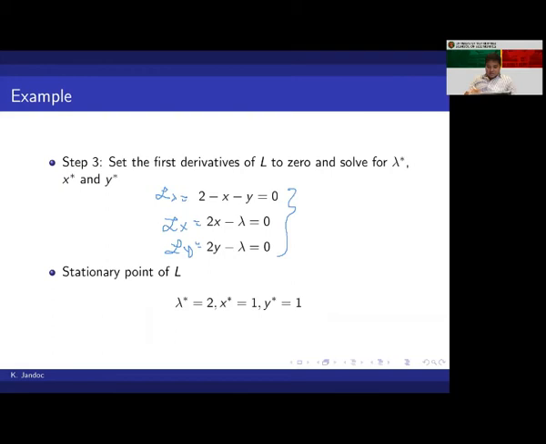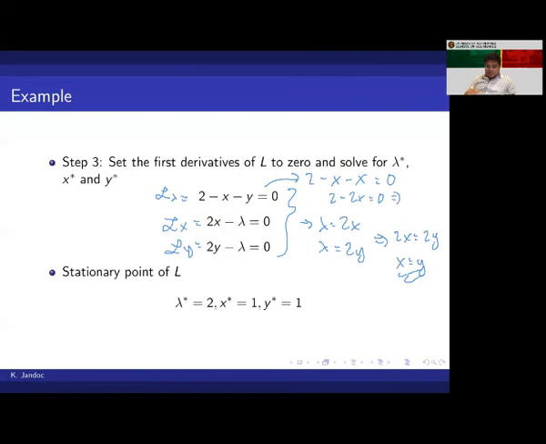So in this case, we know that lambda equals 2x, and lambda equals 2y. So if you equate this, then 2x equals 2y, x equals y. Using this fact in the first equation, we have 2 minus x, and since y equals x, you have another x here, equals 0. So 2 minus 2x equals 0.